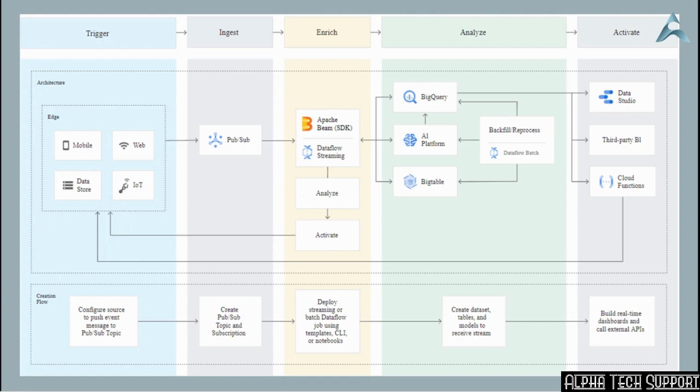This Apache Beam pipeline does the data transformation and stores the output either in Bigtable or in BigQuery, and you can run data analytics queries on top of it. After this, you can also visualize this data using data visualization tools like Data Studio. This way, you can either build a real-time dashboard or call external APIs.